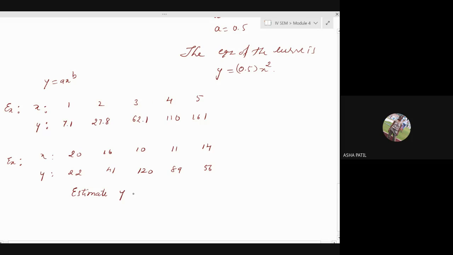Estimate y at x equal to 12. I have the answer: y is equal to 7.173 x raised to 1.9452. Here y is equal to 28491 x raised to minus 2.38, and for this the answer is 77.